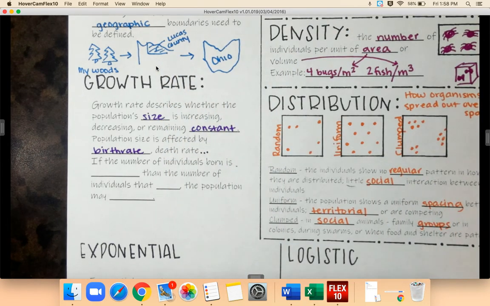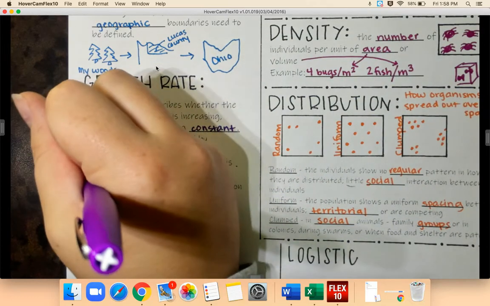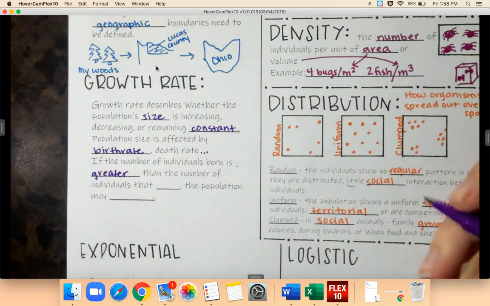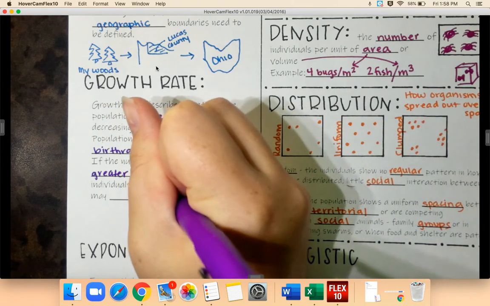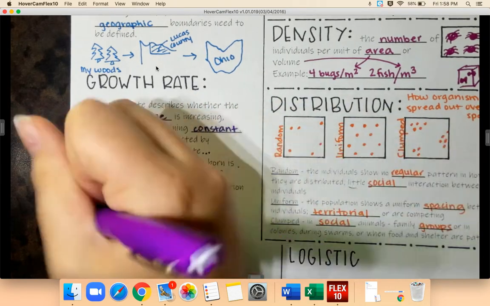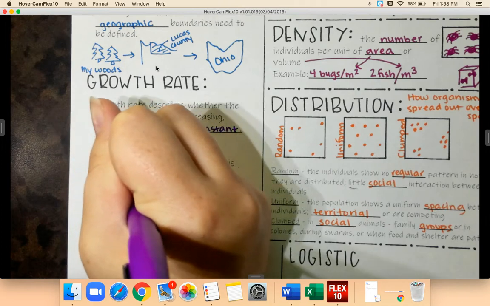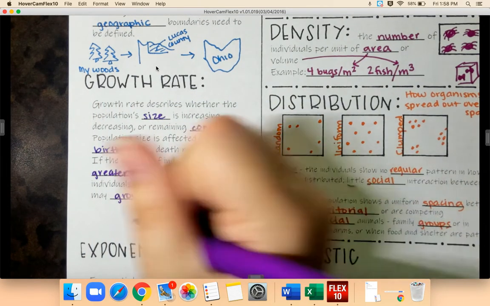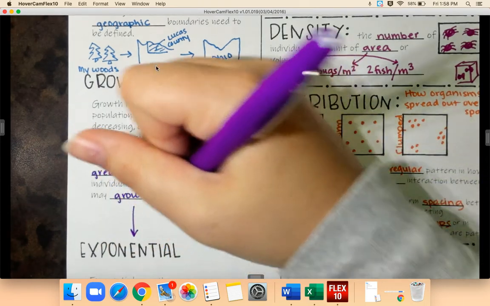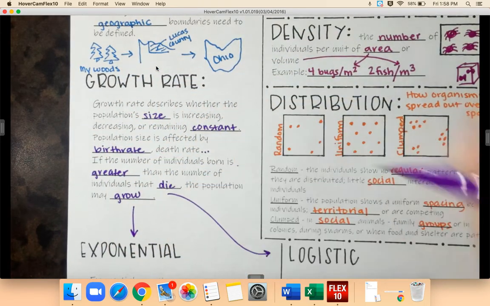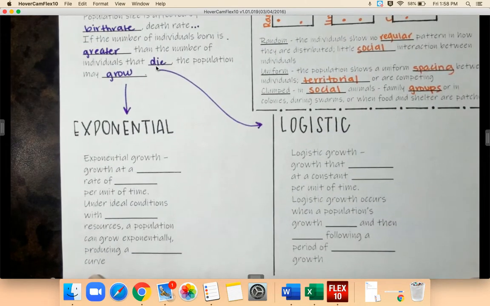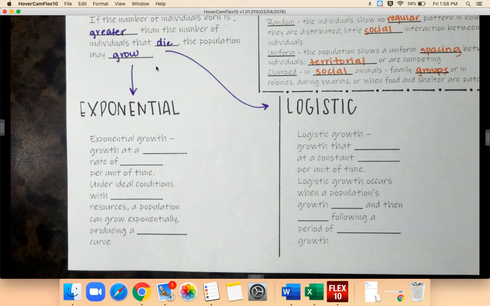If the number of individuals born is greater than the number of individuals that die, then the population may grow. So there's two types of growth rates. We have exponential and logistic. So we're going to start with exponential.